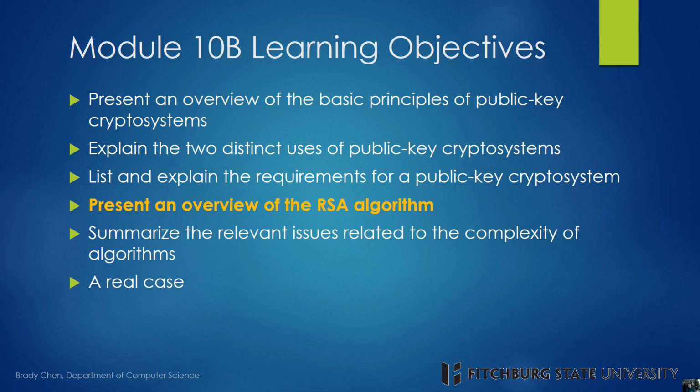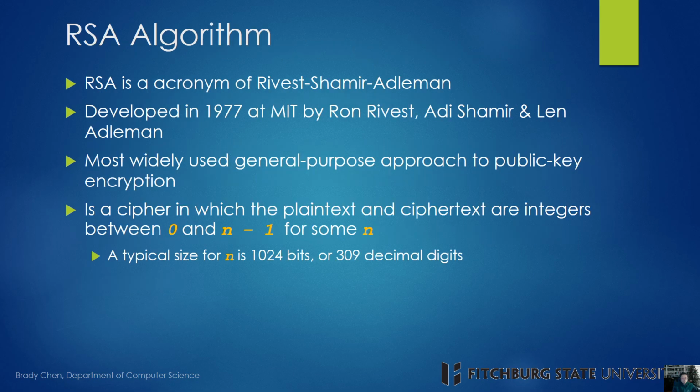In Part B, we're going to talk about the RSA algorithm, which is a very, very important public key encryption and decryption algorithm. RSA stands for Rivest, Shamir, and Adleman.